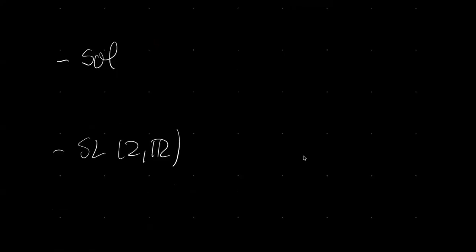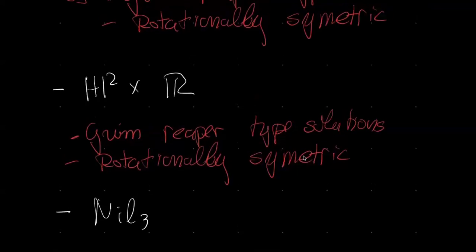And in Sol, and this is the example that I want to focus on now, you have Grim Reapers, but you don't have rotational symmetries because, I mean, rotational symmetry is not something natural to the metric. So what you expect to have in all of them is Grim Reaper type, maybe, and I'm gonna say a little bit more about that in a minute.